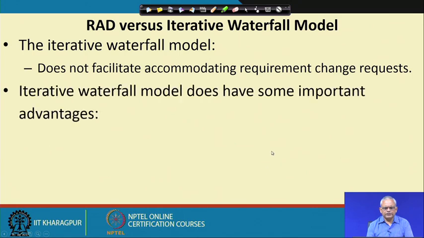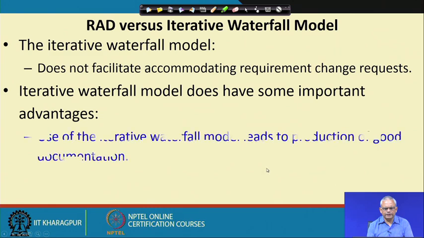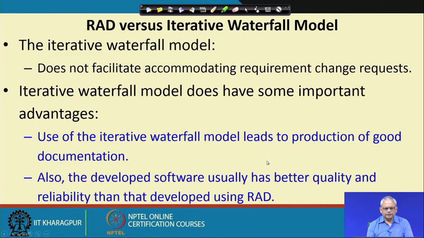It is easy to accommodate requirement changes based on customer feedback, but compared to the RAD model, the iterative waterfall model usually results in good quality design, higher reliability, and also production of good documentation.